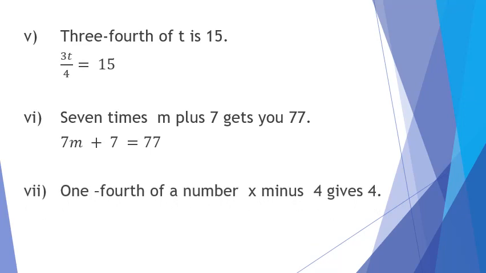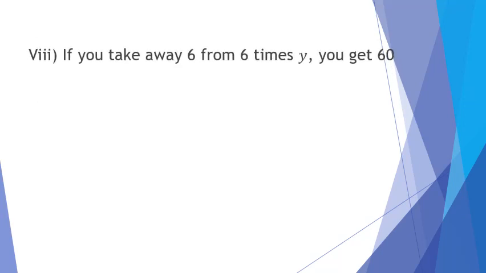Next one, 1/4 of a number x minus 4 gives 4. That is x upon 4 minus 4 equal to 4. Eighth question, if you take away 6 from 6 times y, you get 60.